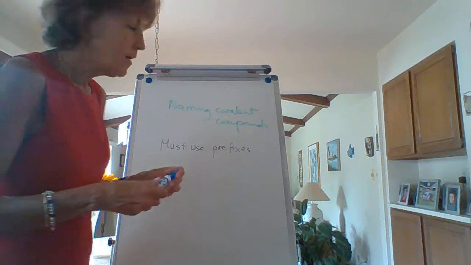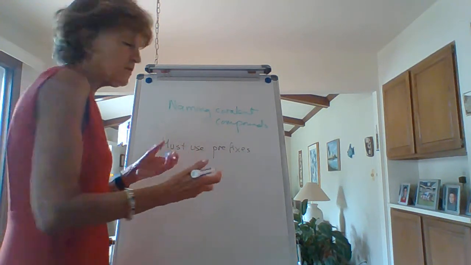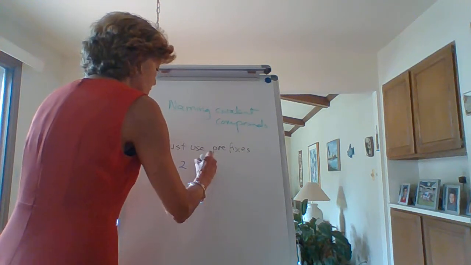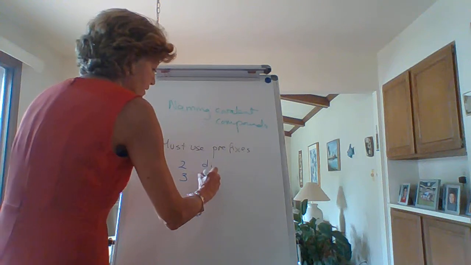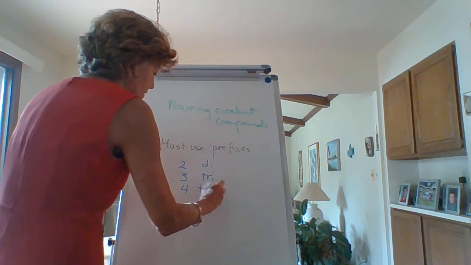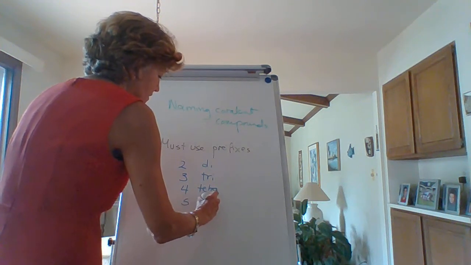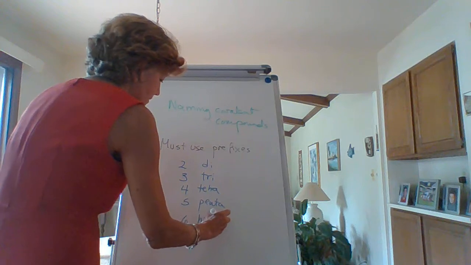Well, if you have two of a specific element, you have to use the prefix di. If you have three of a specific element, you have to use the prefix tri. 4, tetra. 5, penta. 6, hexa.